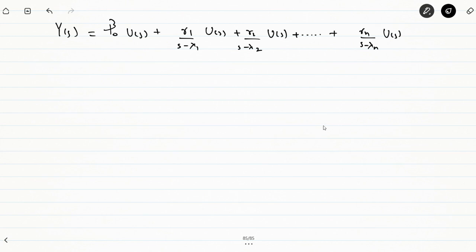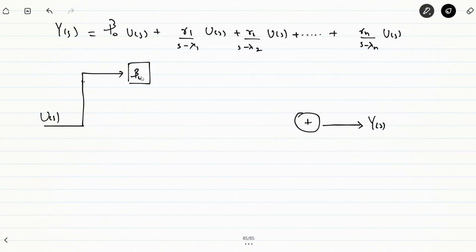So using the block diagrams, Y(s) is equal to a summation of, first, you have a gain of beta naught.